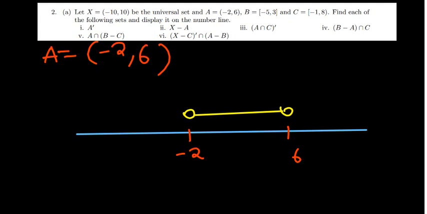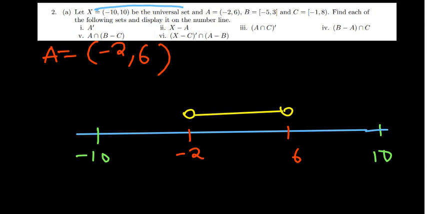Now our universal set is the X, as we can see from the question. It's moving from -10, which I believe should be this side, all the way up to +10. So that is our universal set. Now they want us to find the complement.